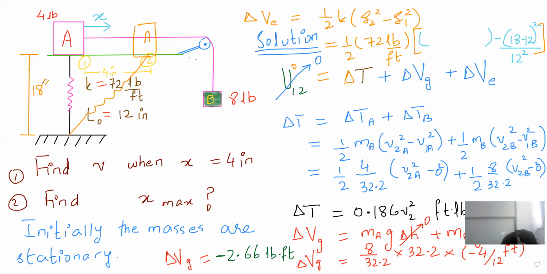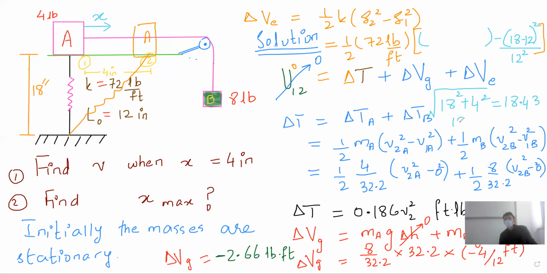4 squared plus 18 squared. This will give me, okay, this is getting confusing, so let me go step by step. 18 squared plus 4 squared, the square root gives me 18.43.